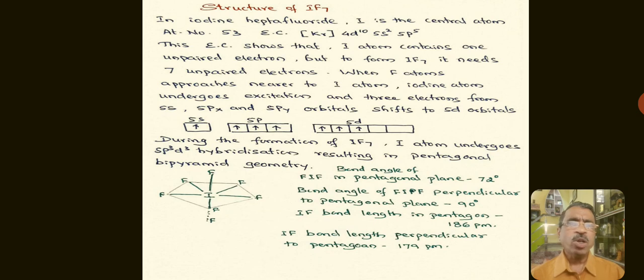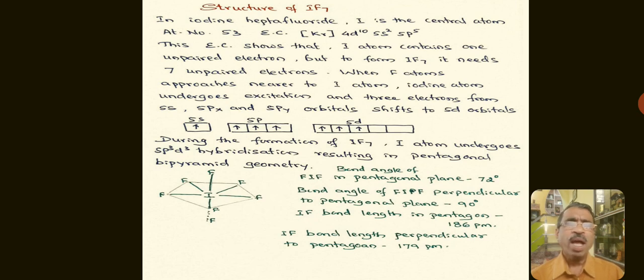During the formation of iodine heptafluoride, the iodine atom undergoes sp3d3 hybridization resulting in pentagonal bipyramid geometry. Since in this geometry there are no lone pairs, this geometry is a perfect geometry, hence there is no dipole moment in this.